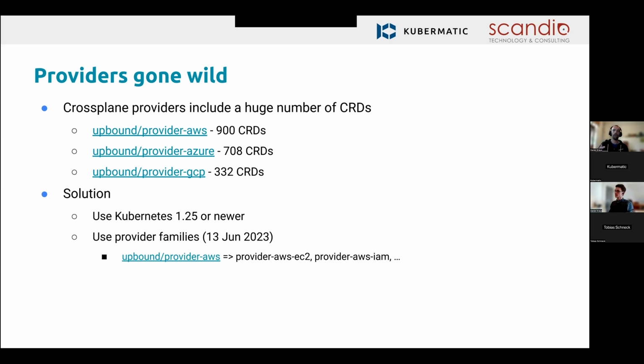Now, Upbound changed the way the providers are bundled. Previously, you had only one provider, AWS, which provides you access to all the services that AWS has to offer. But now they split one monolithic provider into smaller pieces. For example, there's now a provider AWS EC2, a provider AWS IAM, and you can only pull in the providers or the resources that we actually need. And that's the real game changer.